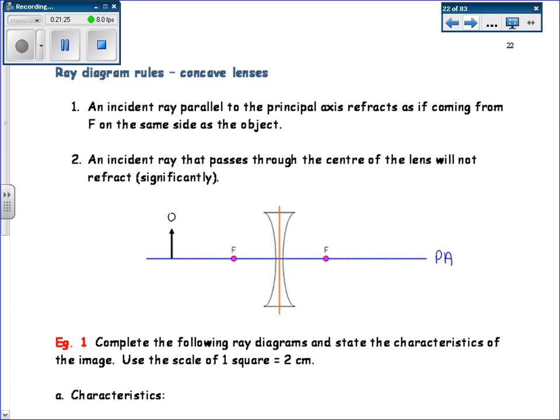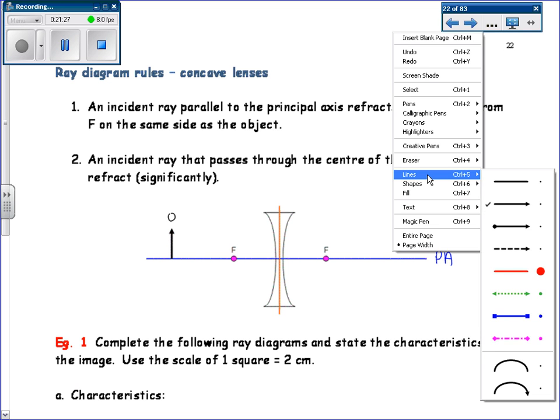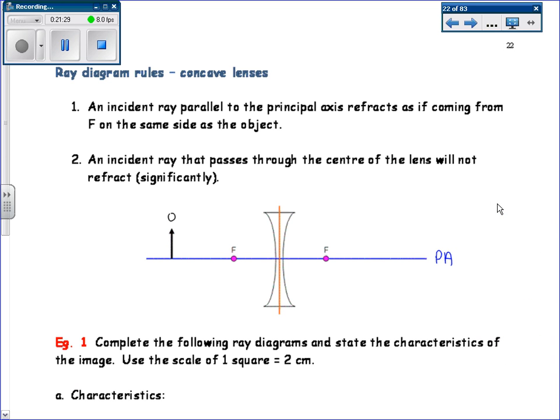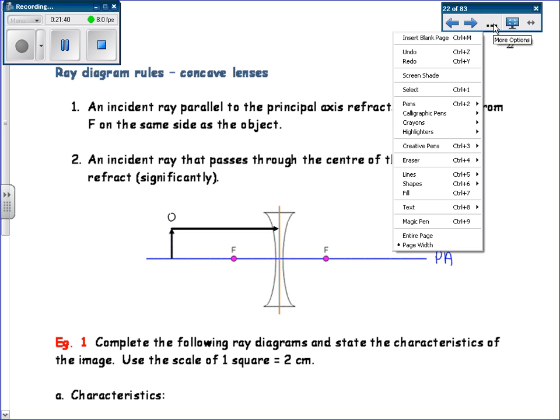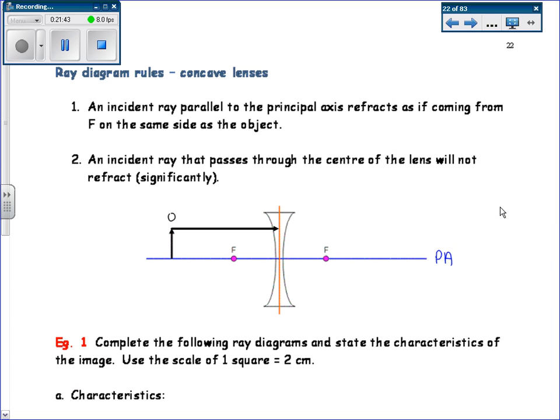So if I draw my arrow from the tip of the object to the red line in the center, then the ray that comes out on this side looks as if it's coming from this focal point. So it goes this way like that. This portion of it here should be dotted.